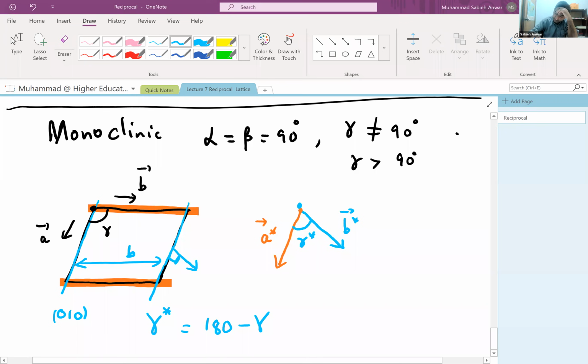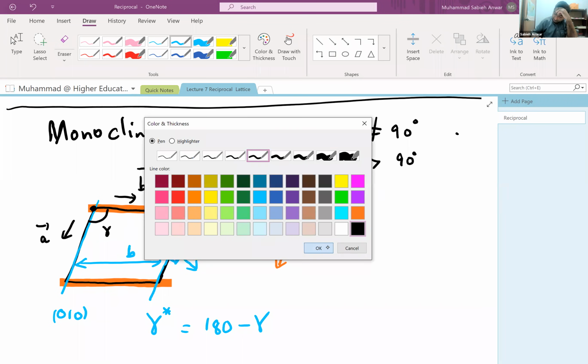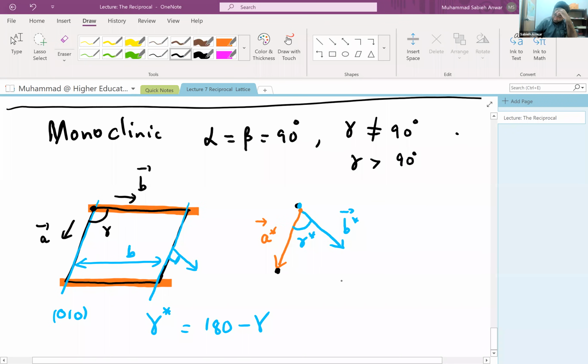So I can construct now the reciprocal space. Let me use black here. Let me do this properly. This is a unit cell in the reciprocal space, and I can extend this.